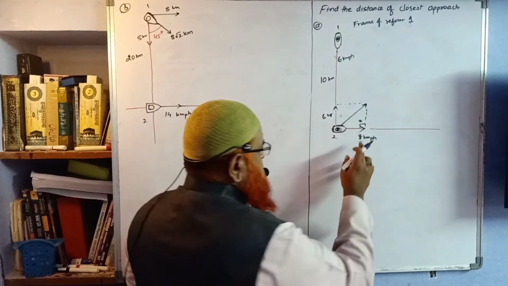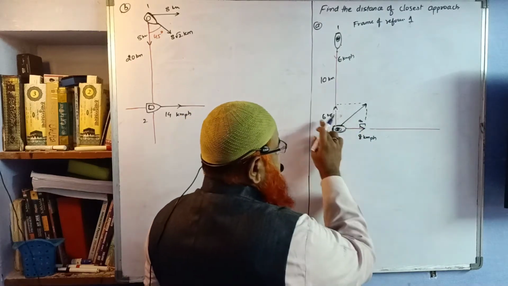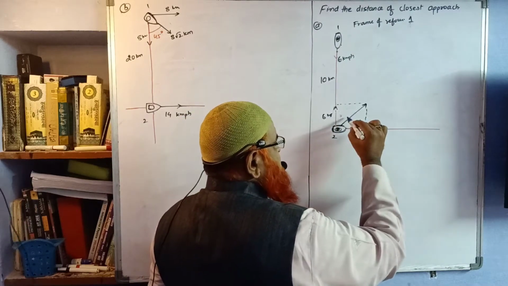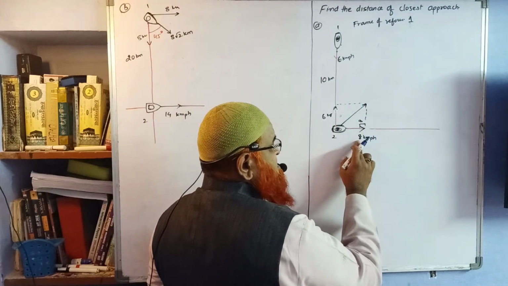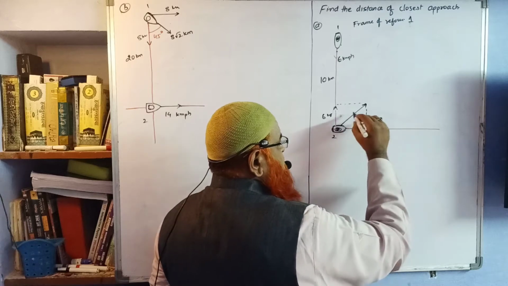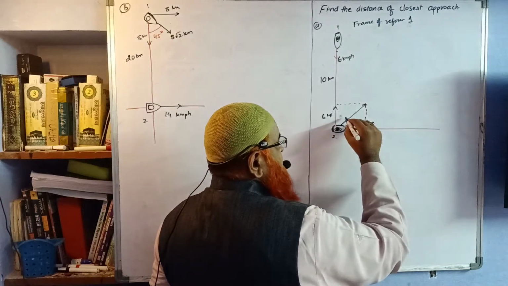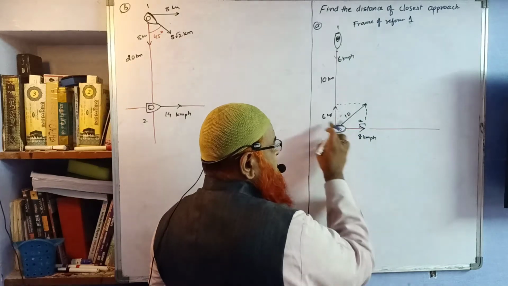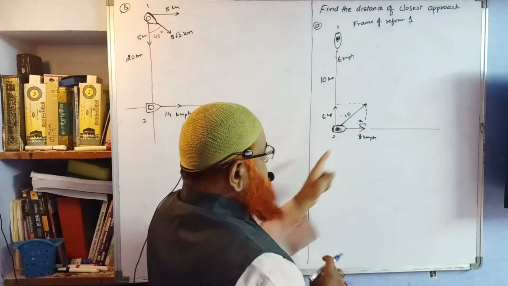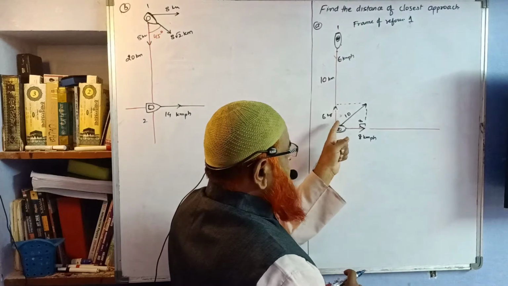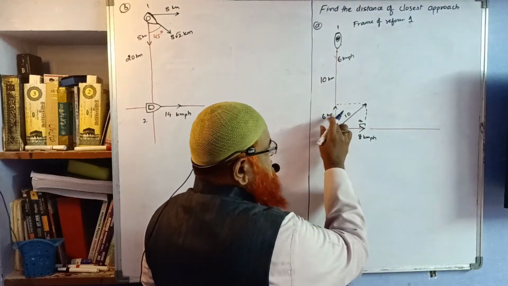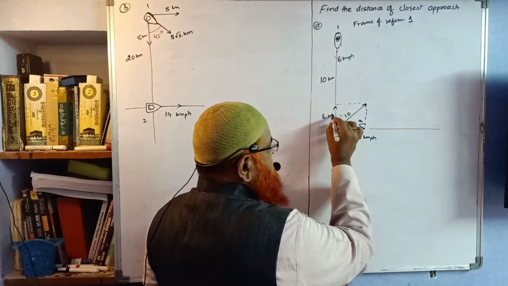So the resultant is the square root of 6 squared, which is 36, plus 8 squared, which is 64. The square root of this is 100, that is 10. So the resultant of these two is 10. If this is 8, this is 10. Then this is 6 kilometers per hour, which is already given in the problem.